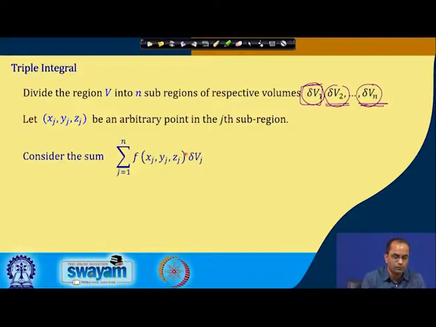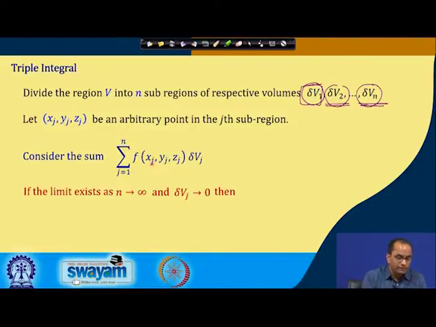So, we sum over all the volumes delta V j multiplied by the function value at the point (x j, y j, z j), which we have considered in the jth subregion. We are adding this multiplication over all these regions, so j is varying from 1 to n.